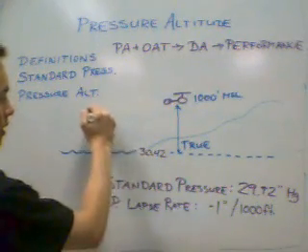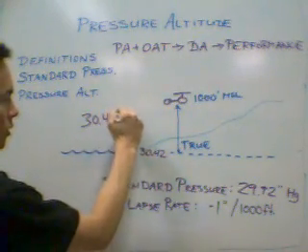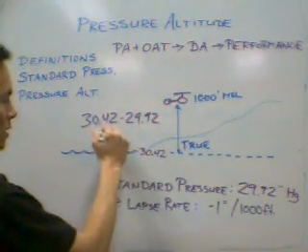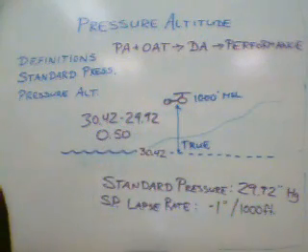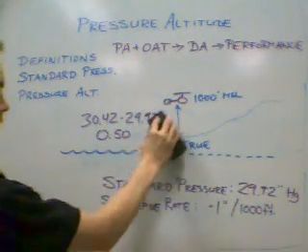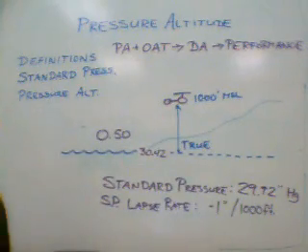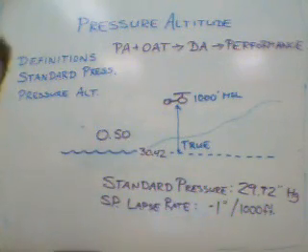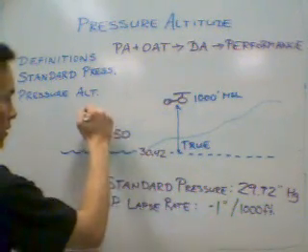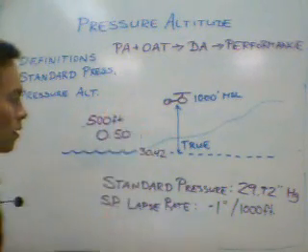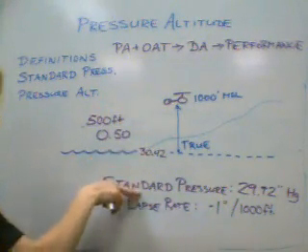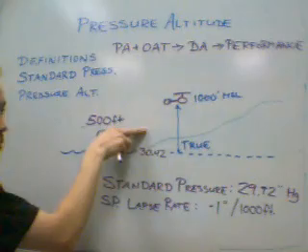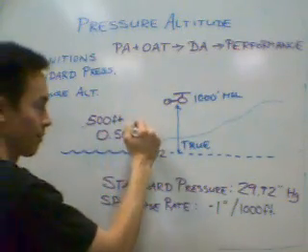If we take 30.42 minus standard pressure, we find there's a 0.50 difference. If 1 inch is 1,000 feet, then half an inch would be half that, or 500 feet. So standard pressure, or the standard datum plane, 29.92, would be found about 500 feet above sea level in this case.